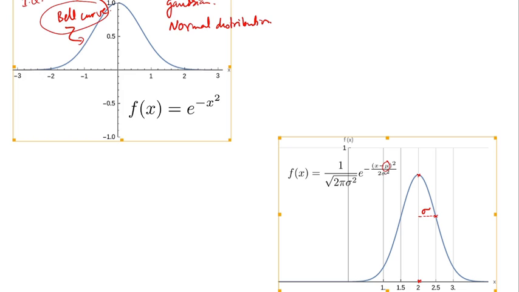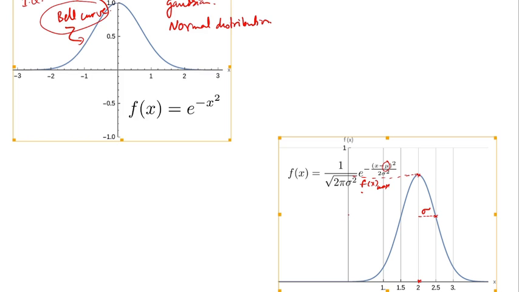This value is related to something called the full width at half maximum. If you look at the peak, let's call this peak value f x max. You will have to find where exactly f x max by 2 lies.